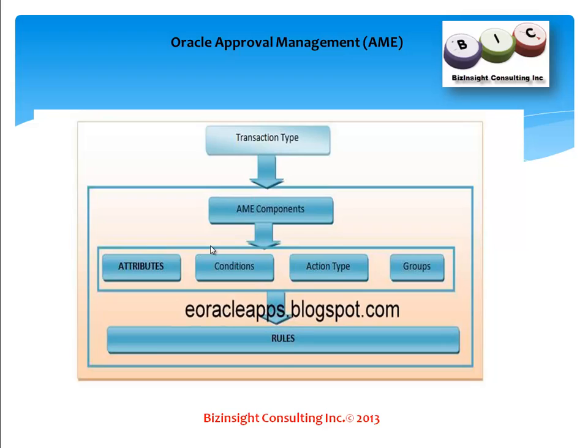So as you can see, we have a transaction type and that has attributes, conditions, action types, groups, and then we create a rule based on that. An example of the rule is: if the attribute order total is greater than 100,000, then I want an action type of job level 3 or more, or I want a group named XYZ approval to do the approval.